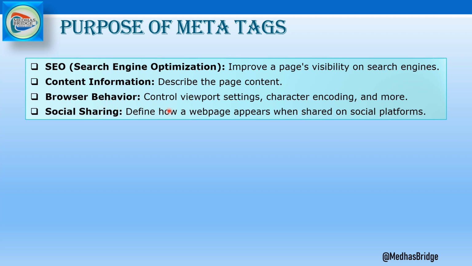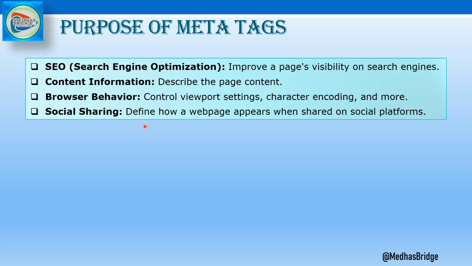Browser behavior: control viewport settings, character encoding, and more. These all help the browser understand your page and render it accordingly, right? That's one more idea behind having metadata or meta tags within your web page development.